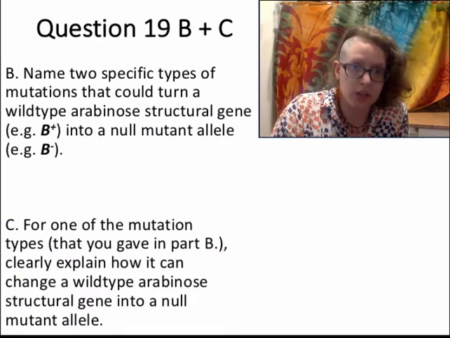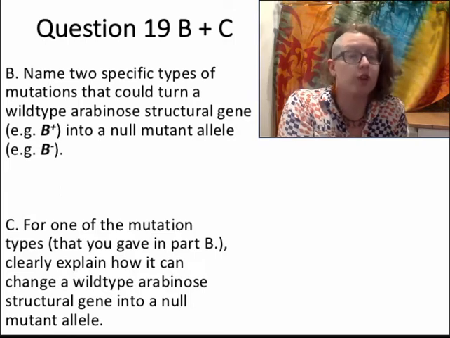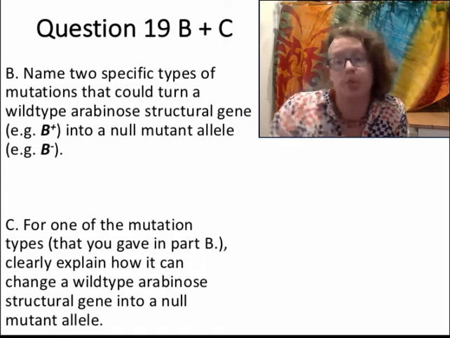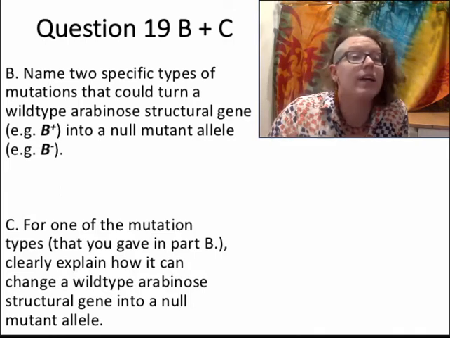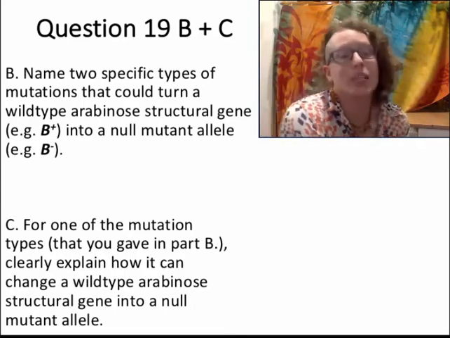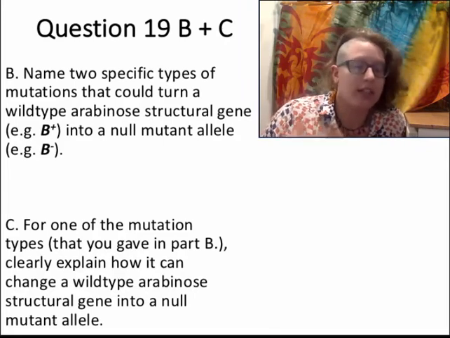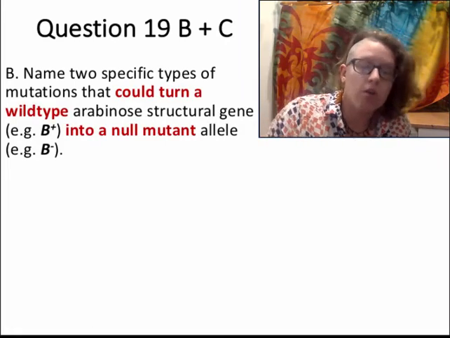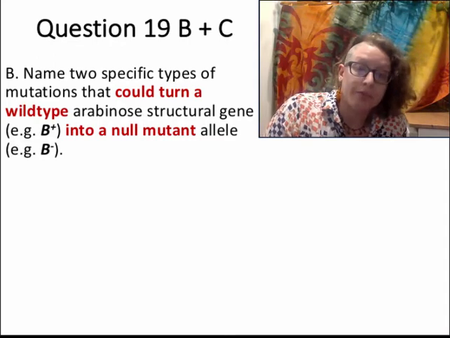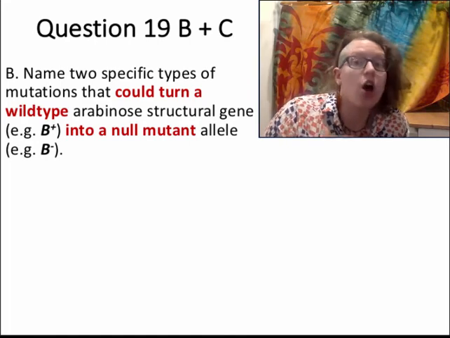For B, the question is name 2 specific types of mutations that could turn a wild-type arabinose structural gene into a null mutant gene. Once we've talked about that, we're going to go more in depth. For one of those mutations, you're going to explain how it causes that change from a wild type into a null. So, just focusing on B, how does it turn a wild-type arabinose structural gene into a null mutant?